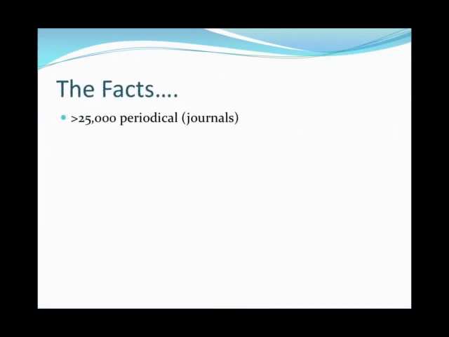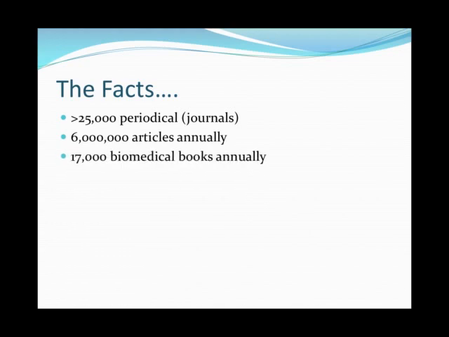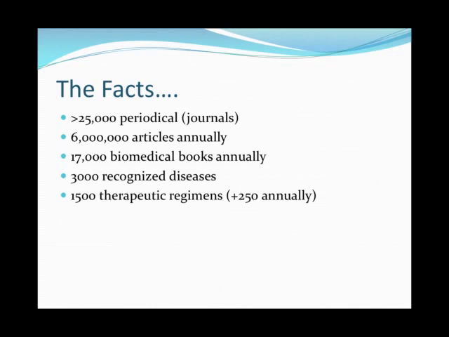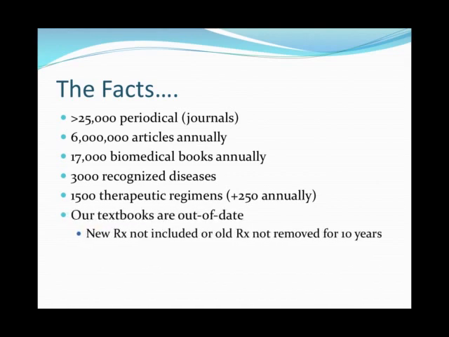So here are a few facts about evidence-based medicine. There is a lot of information. More than 25,000 different journals. At least 6 million articles are published every year. There's 17,000 biomedical books produced every year. We have thousands of diseases.